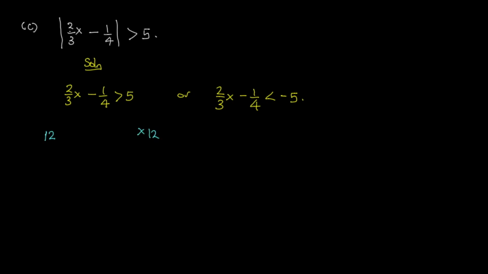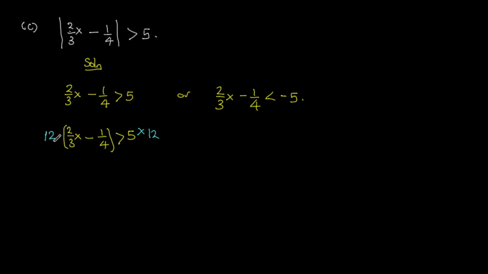Now here we have 2/3 x − 1/4 is greater than 5 times 12. You notice that if you open up this bracket, you multiply 12 with 2 over 3, the 3 vanishes to 1, and this one becomes 4.